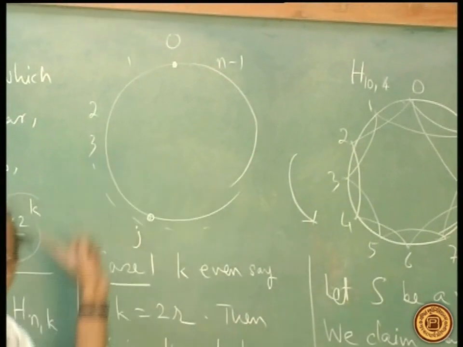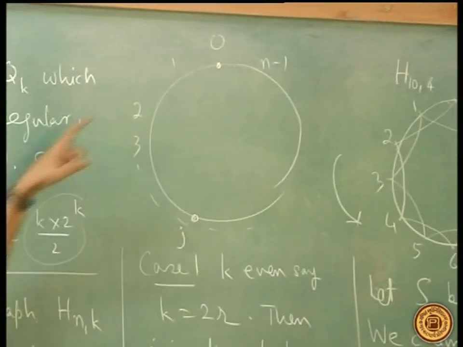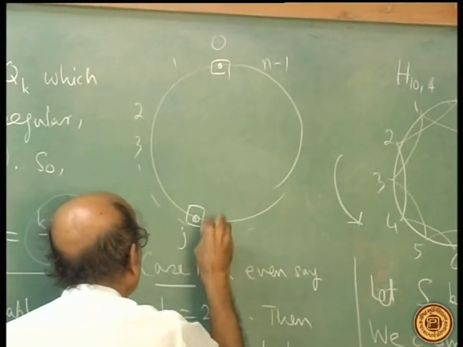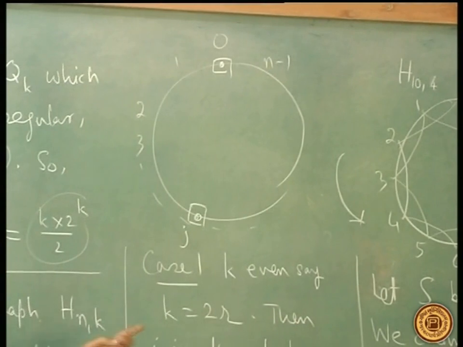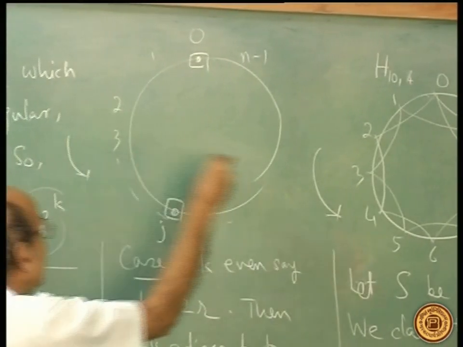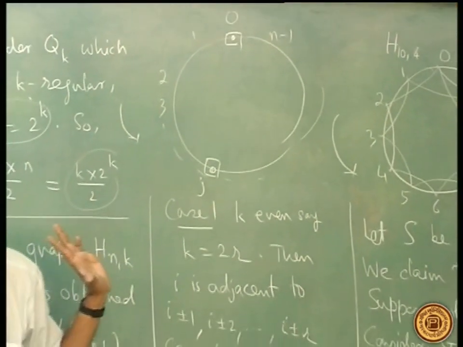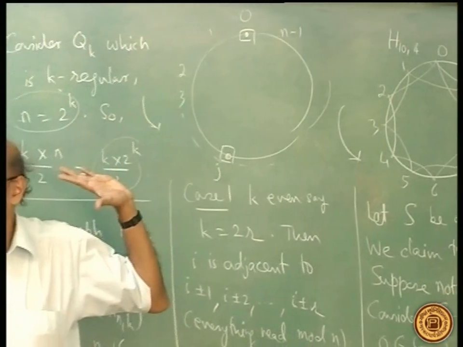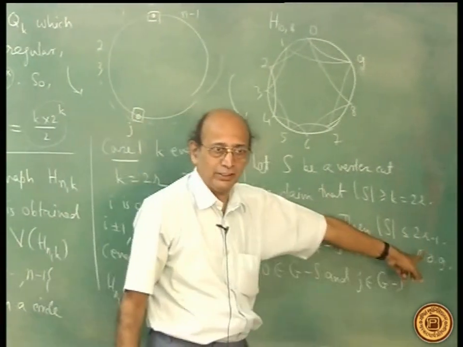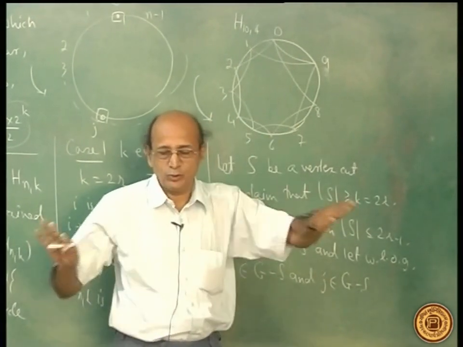Okay, you removed some vertices. But 0 is retained and J is also retained. Now there are two ways of going from 0 to J. One is that way, other is that way. Is that clear? On one of these two ways, the total number of vertices you have removed is 2r minus 1. So this forms two parts.